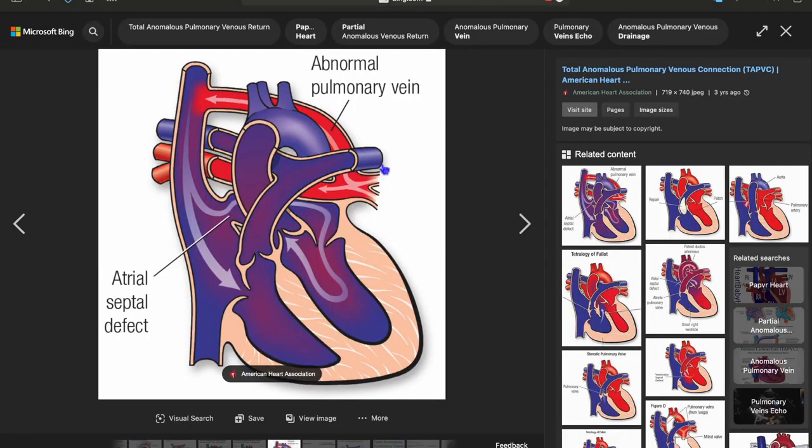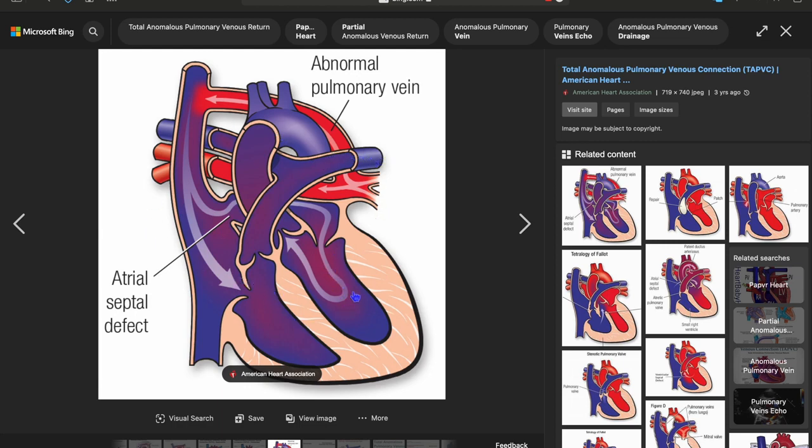Okay, so the pulmonary vein is coming in and it's going straight into the superior vena cava. That's what it is. Instead of going into the left atrium, it's going into the superior vena cava, and it's mixing with the deoxygenated blood, and then that's the blood that goes into this part, and then it's going back in.